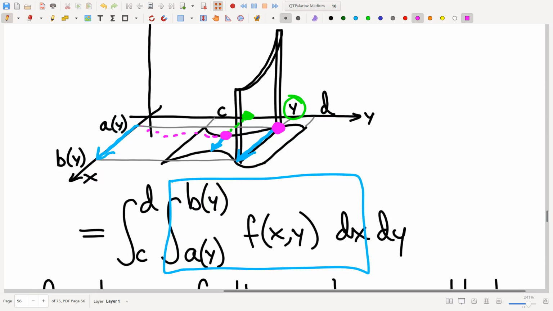Oh my gosh, it's hard to draw a straight dotted line. Let me cheat here. Which will give me a different lower bound for the x coordinate. That's the only difference. Yes?